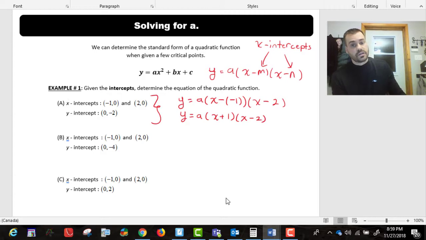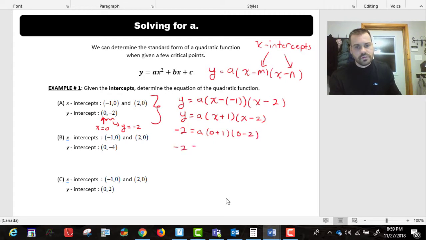Now you notice the big heading is solving for a, and the reason is that we haven't used the y-intercept yet. So we're going to use the y-intercept. When x is 0, we know that y is minus 2. So minus 2 is equal to a times 0 plus 1 times 0 minus 2.